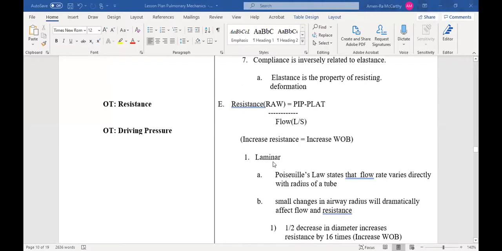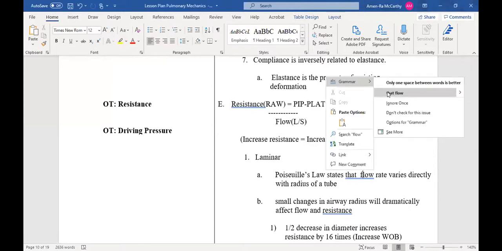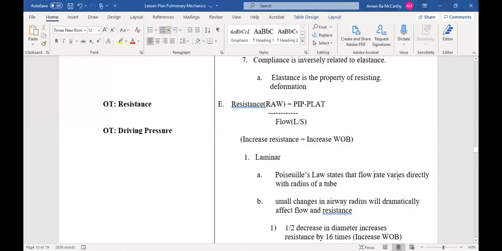Now, talking about laminar, of course, they just go back and say it. Poisson's law states that flow rate varies directly with the radius of the tube. Small changes in airway radius will dramatically affect the flow and resistance.